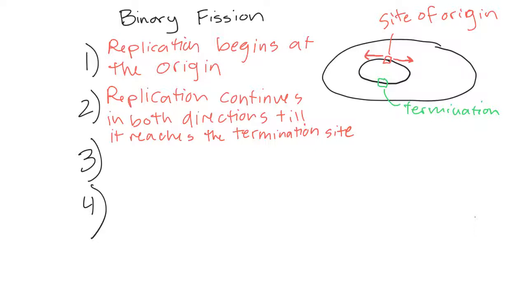And what it looks like once it gets around there is something like this. And it has that termination site right there in the middle. And then there will be two origins because we made a copy of the origin as well. Okay, so the last little section to complete is the termination site, and then you have two separate chromosomes.